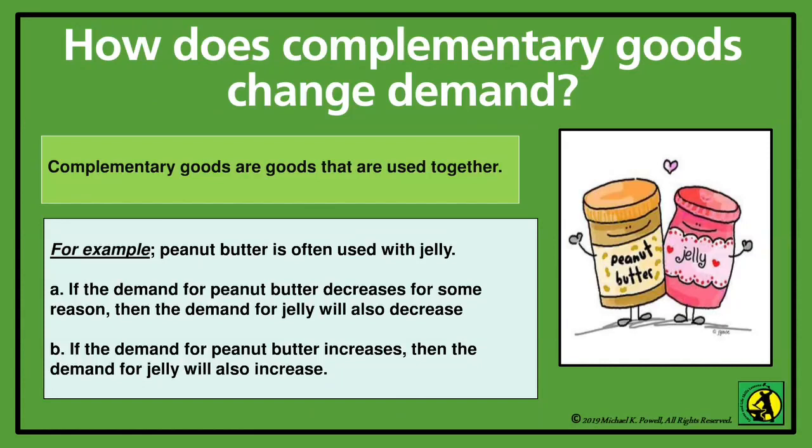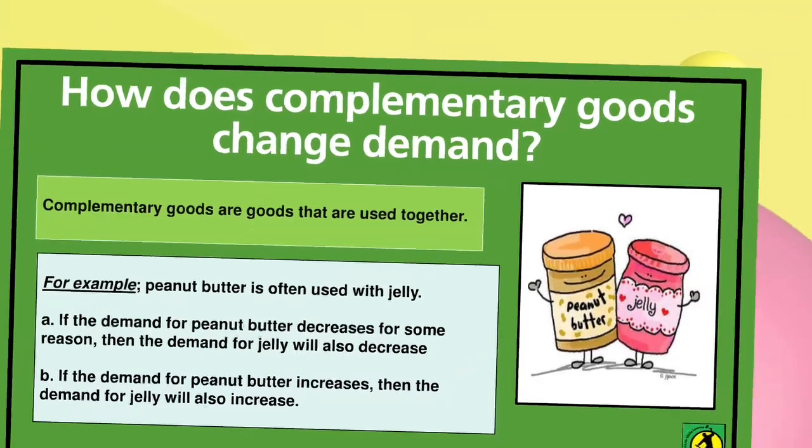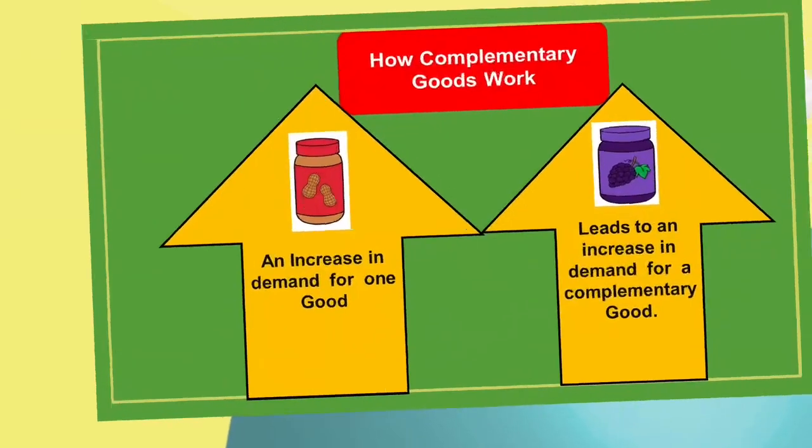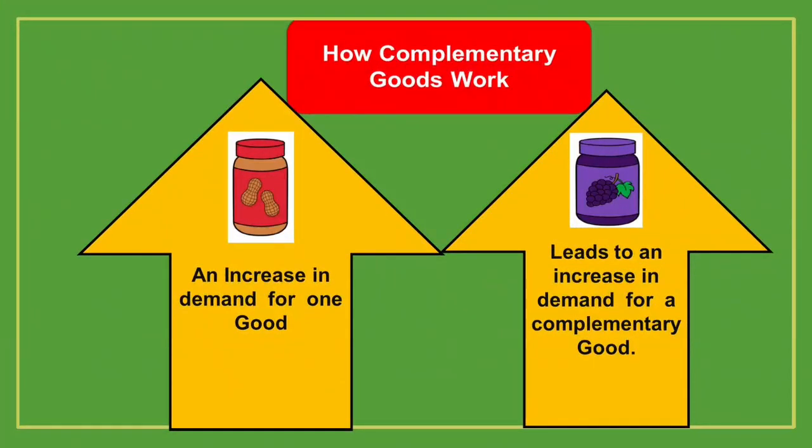And if the demand for peanut butter increased, then the demand for jelly would also increase. So complementary goods will have the same impact for demand because they go together. If we look at milk and coffee, if the demand for coffee went up, then the demand for milk is going to go up because they go together.